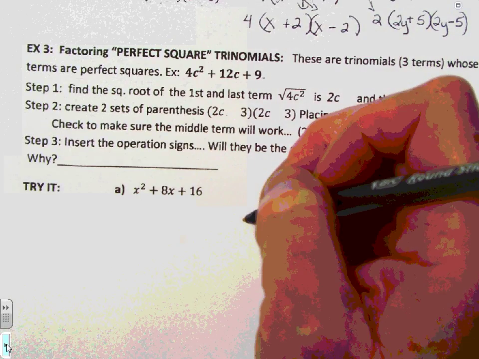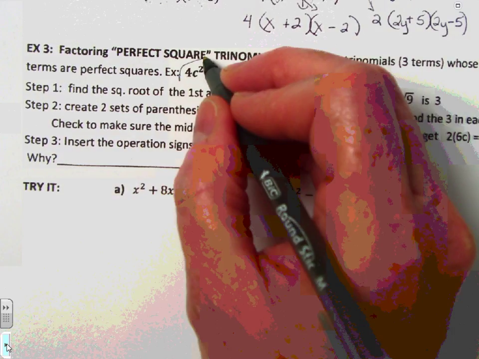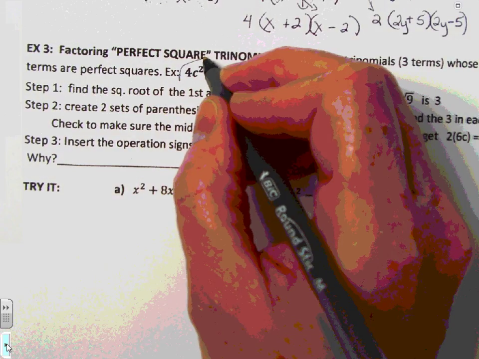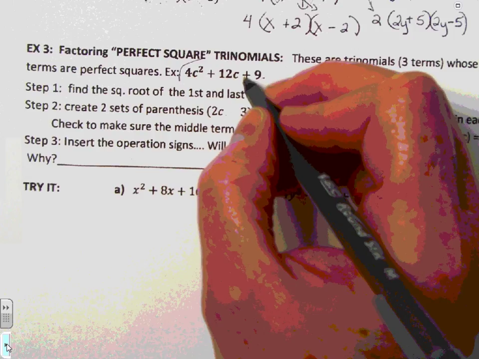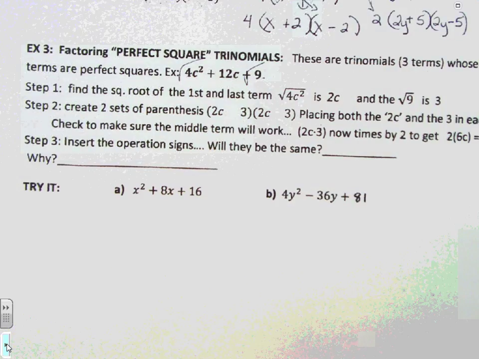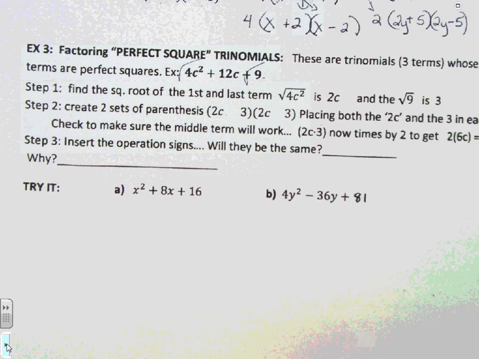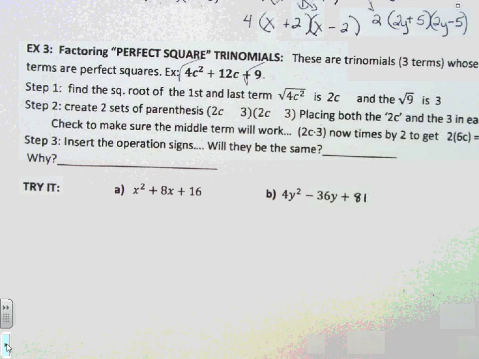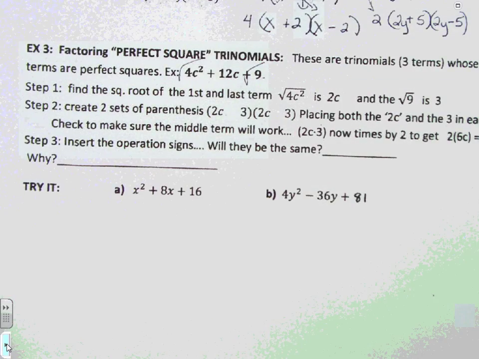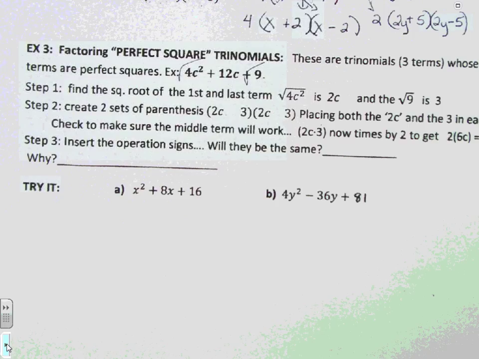So that means I'm going to look at the first term, see if there's a real square root to the first term. I'm going to look at the last term to see if there's a square root on the last term. Do you see that both the first and the last term have square roots? We're going to build 2 sets of parentheses once again, just like we did on the other problems.